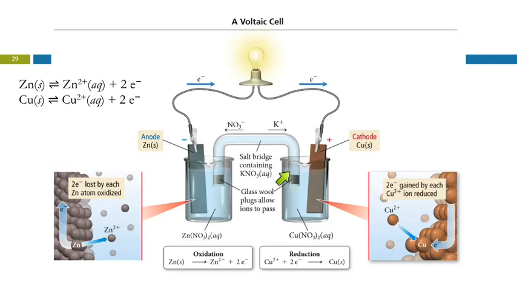So the nitrate ions can move towards the anode to neutralize the charge. Potassium ions that are in the salt bridge will move to the other side. There aren't any potassium ions in here, but zinc ions can start going up in here, and the potassium ions go over there. And the charge balance can be reestablished.